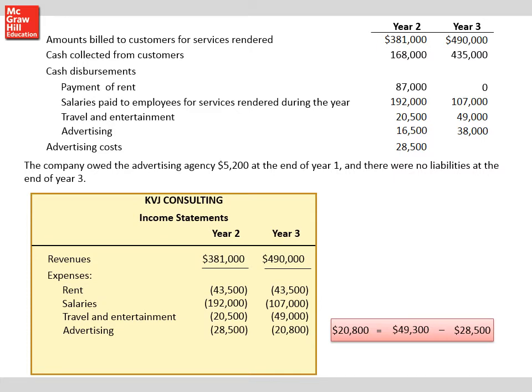Oh, I'm sorry, I'm wrong. Let me go back and look at that. So let's take another look at it. I missed something there. The company started with a liability of $5,200 in accounts payable. Now I see. They had accounts payable of $5,200 that they owed on.